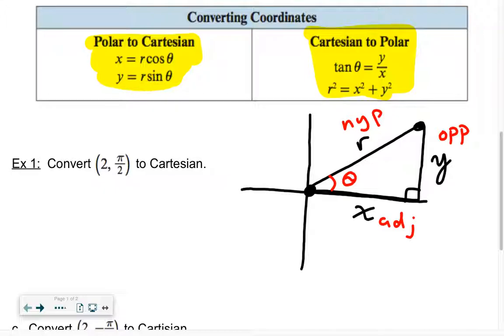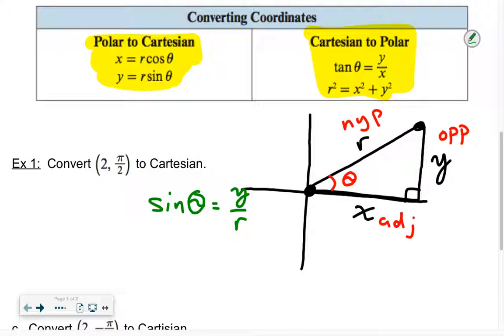And if we use our trig functions, let's start with sine. Sine of theta is opposite over hypotenuse, correct? If I substitute it in, it was essentially y over r, correct?